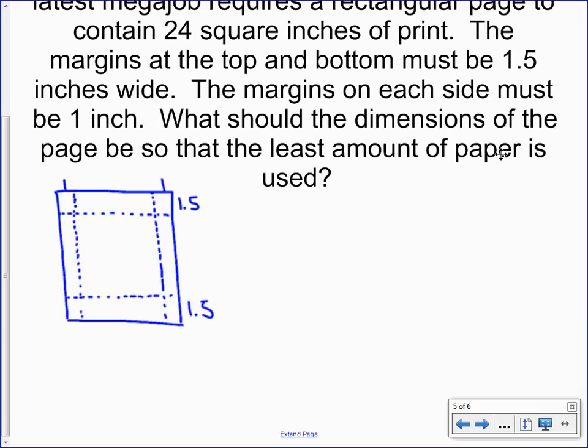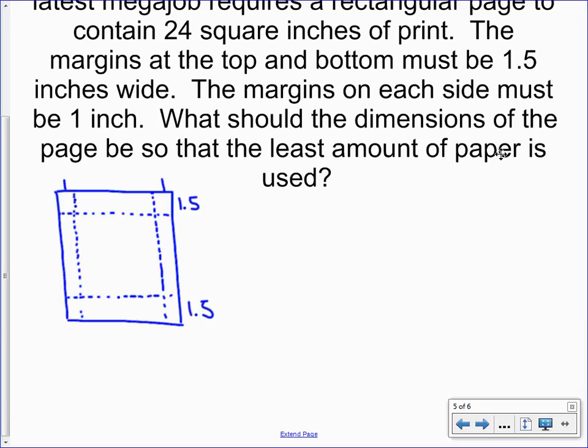So we want to know the dimensions of our page. It says 24 square inches of print. Is that including margins or not? No, that's the inside. That would be the inside, okay?